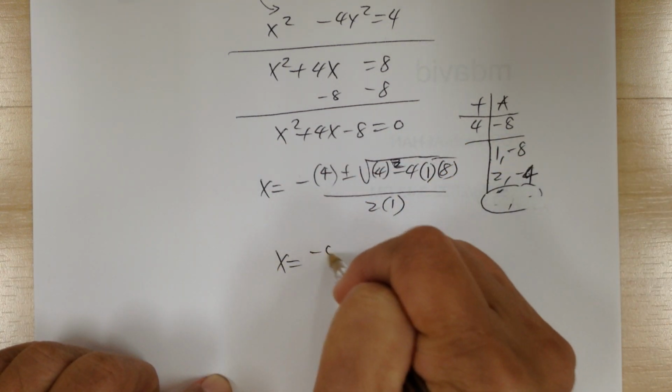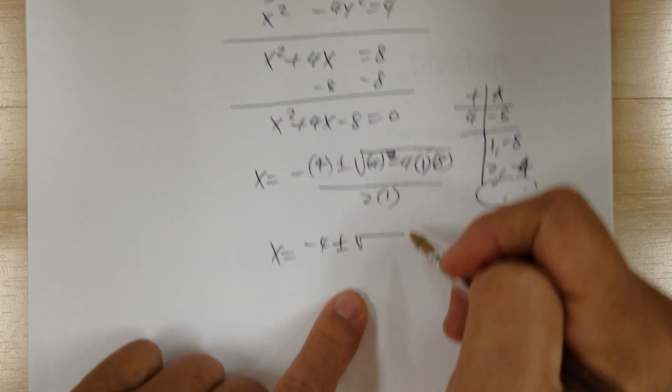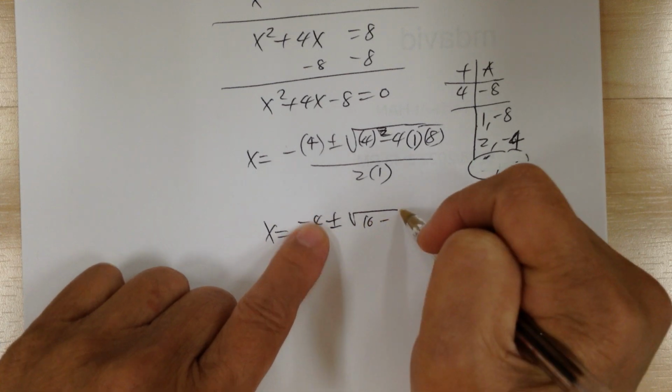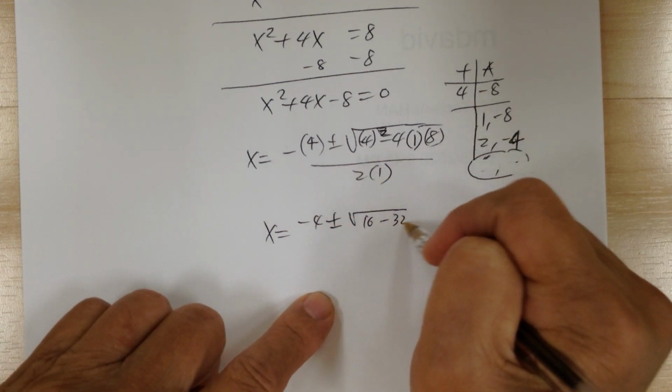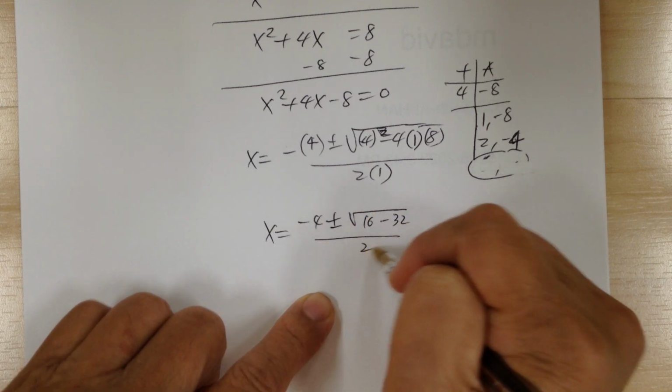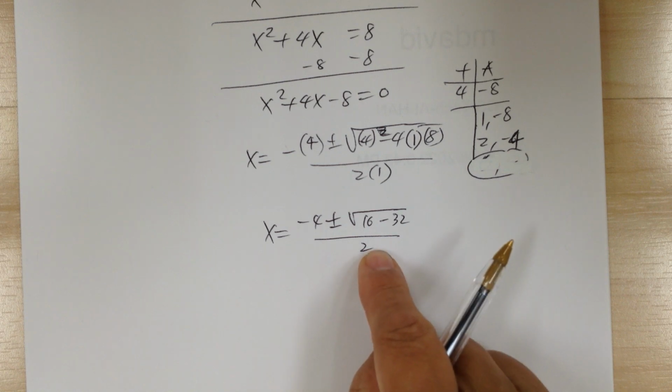So x equals negative 4 plus or minus the square root of 16 minus 32. This one, you're going to get an imaginary number, so that's not good.